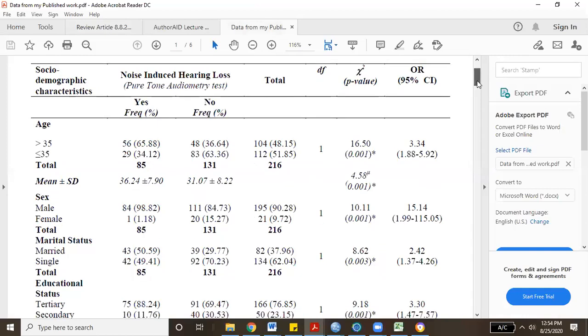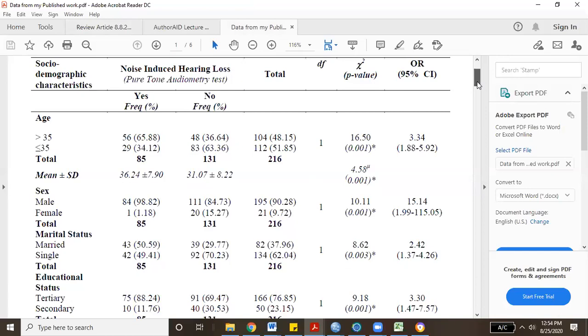The reason why being married and having tertiary education is showing that is simply because those that are older, which will likely have more noise-induced hearing loss, will likely be married and will likely have tertiary what? Education.